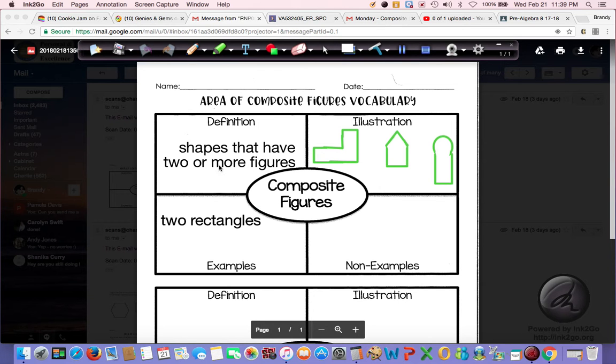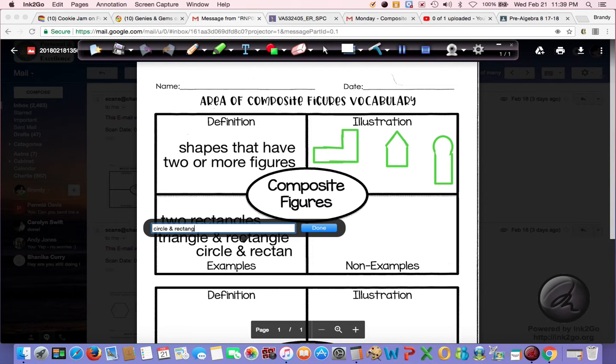We could have a triangle and rectangle. Miss Walker could spell. There we go. And then the third one that we drew above would be a circle and a rectangle.